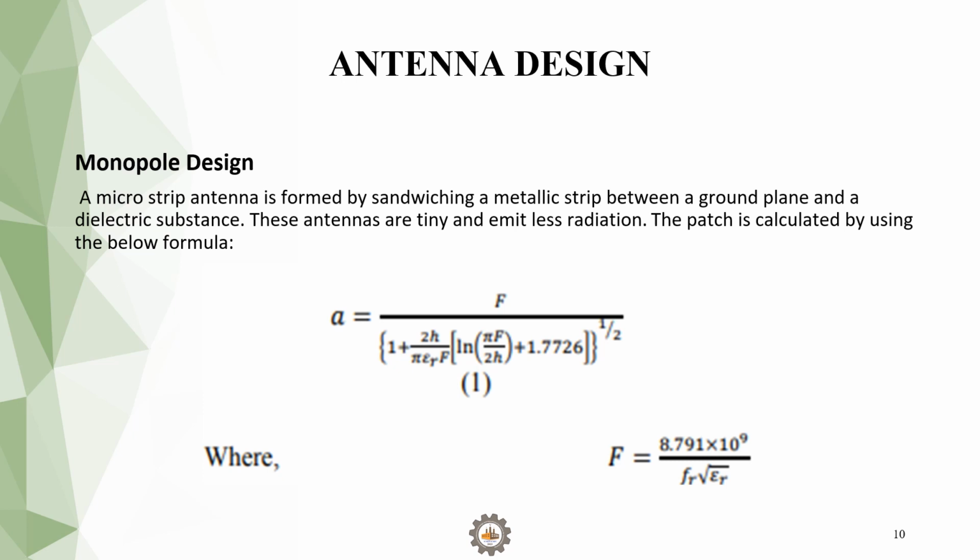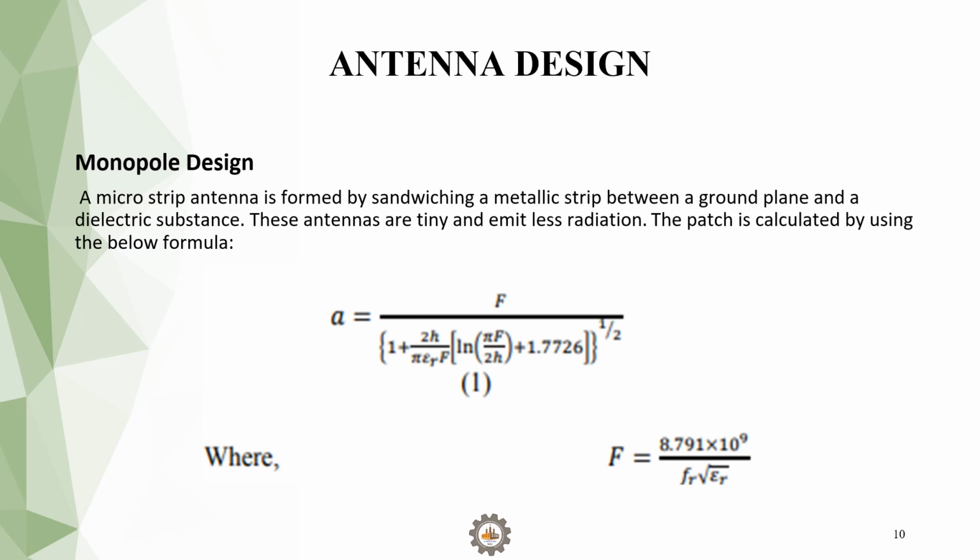Coming to the antenna design part, here the antenna design is based upon the radius of the circular patch. The radius of the circular patch is given by the variable a, and it is calculated as F divided by [1 + (2h / (π εr F)) × (ln(πF / 2h) + 1.7726)] to the power 1/2, where h indicates the height of the substrate, εr indicates the dielectric constant, and π is the constant.